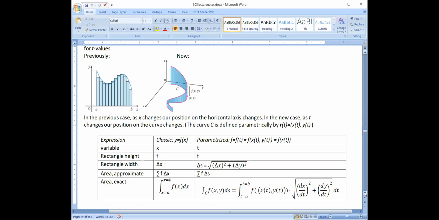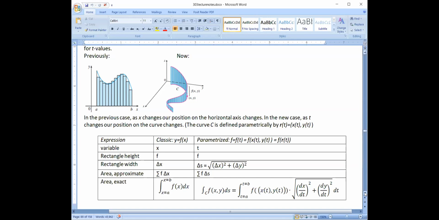So now that we know the height and the width, we can say what the area is for one rectangle, and then we sum them all up. In the classic case, it was the sum of f times delta x. In the new parameterized case, it's the sum of f times delta s, because that's the new length. And of course, that's the approximation. Now we have to say what it is exactly.